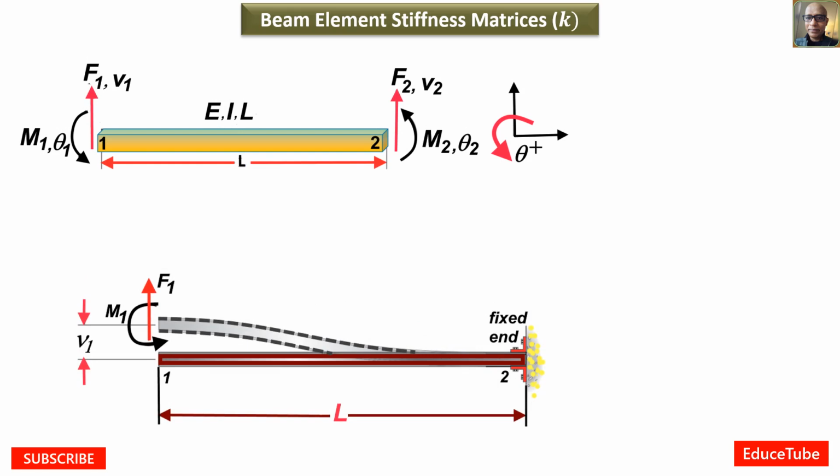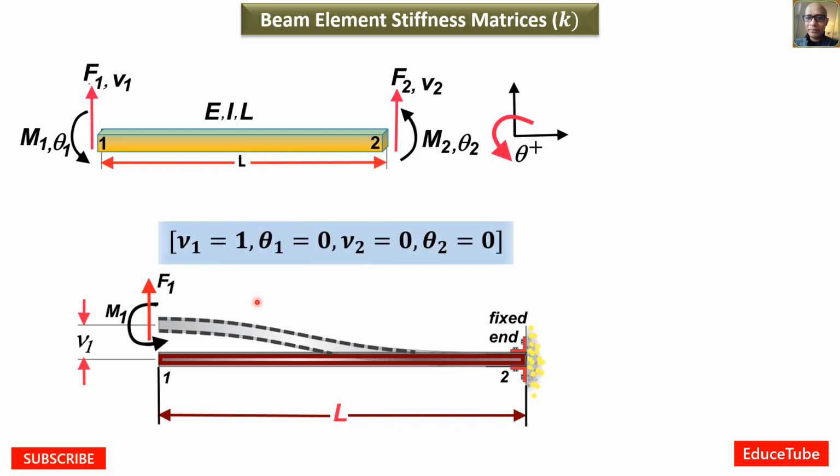The relations between the joint forces and the joint displacements are developed by assigning an arbitrary value to a single displacement component, while requiring all other displacement components to remain equal to 0.